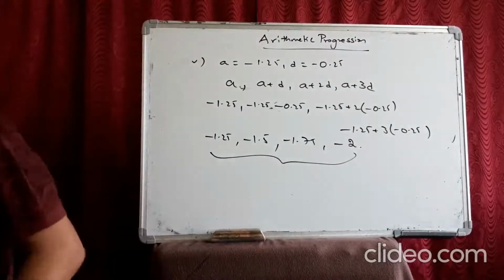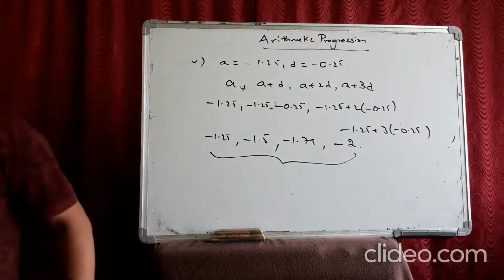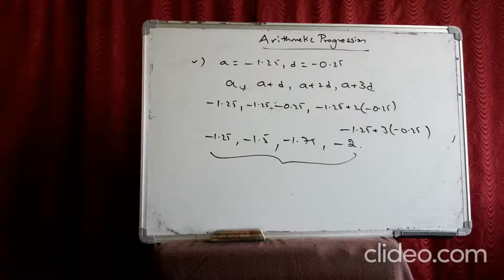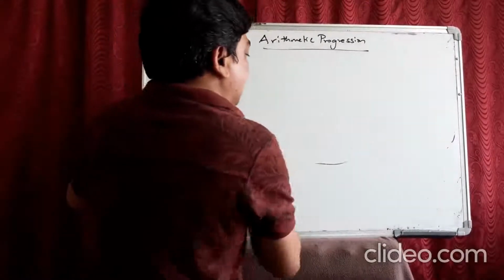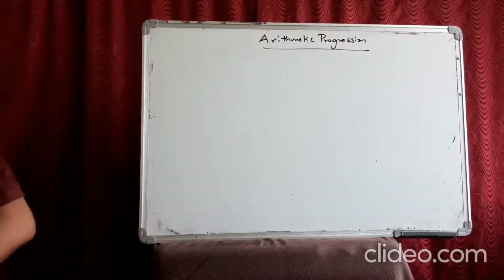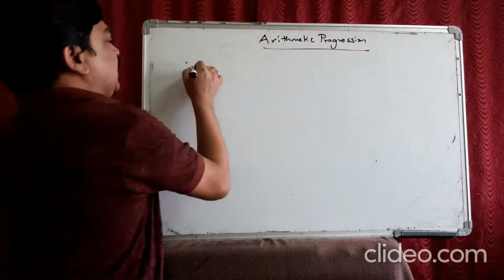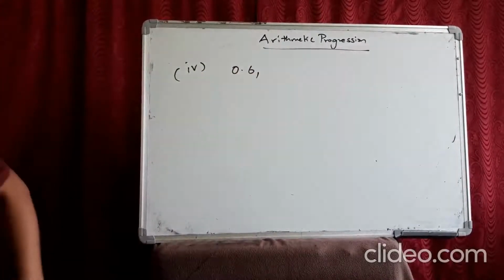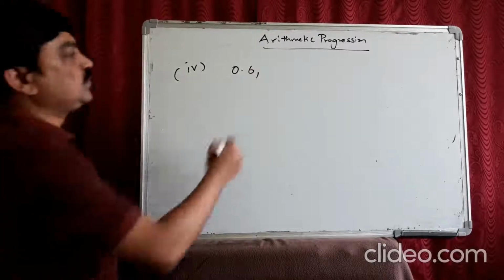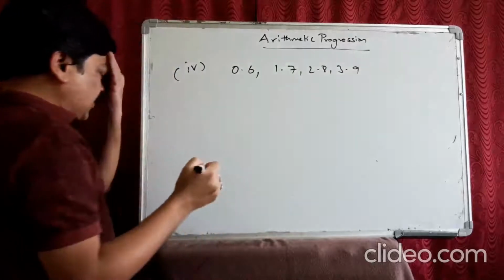In the same way, write the first term and the common difference you are asked for there. You are given an AP. Common difference is nothing but A2 minus A1. I take the fourth one, which is in decimals, which is still difficult: 0.6, 1.7, 2.8 and 3.9.